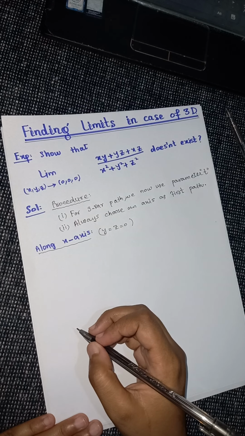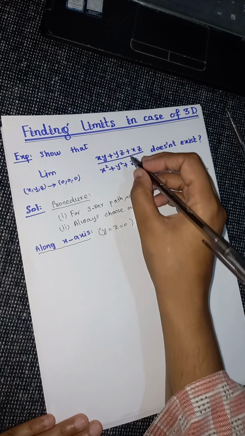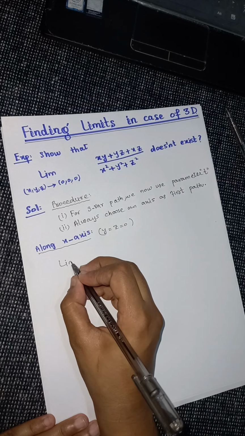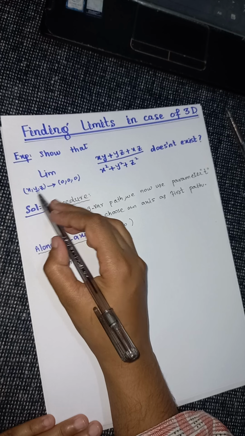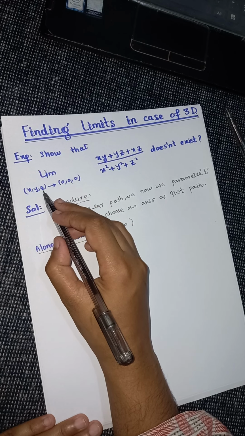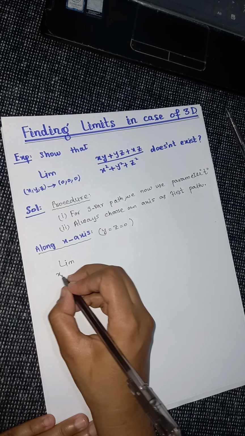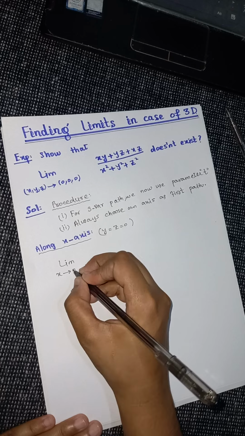Then when you use this value in your function, if you are taking the limit along the x-axis, then y and z approach 0, and there is no need to write y and z here, so you will write only the limit as x approaches 0.